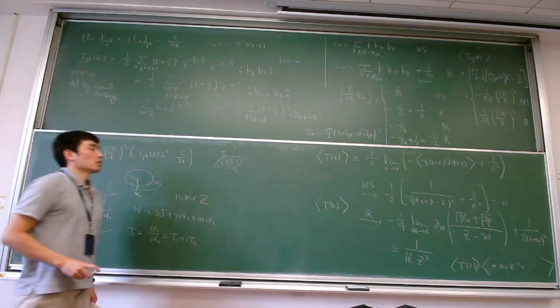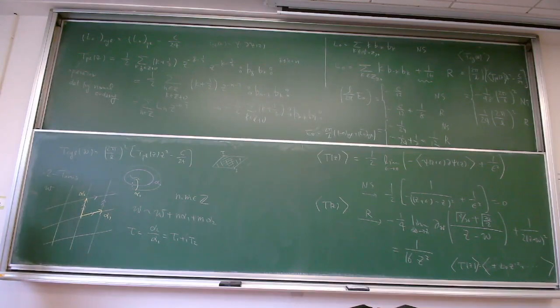This is the situation we are considering. So we take a ratio between alpha 1 and alpha 2 that defines a complex structure.